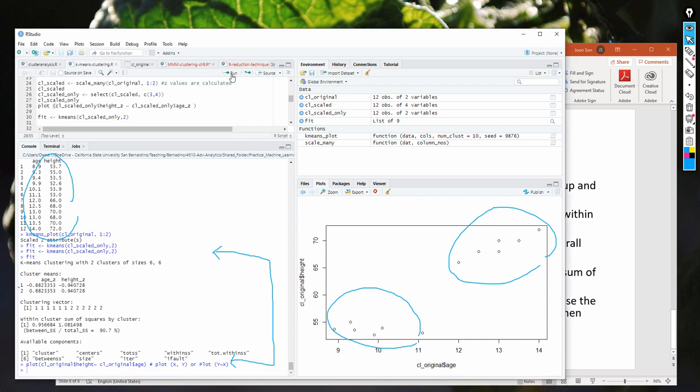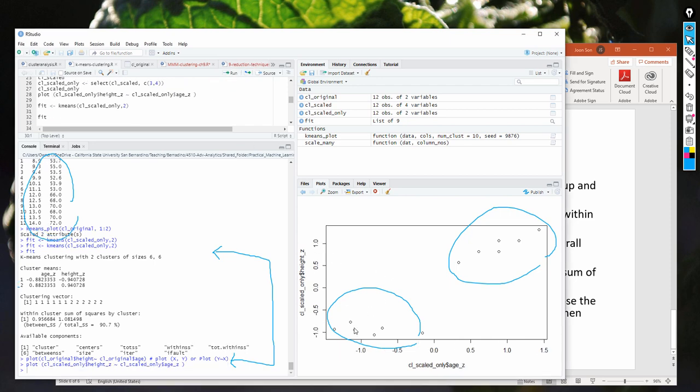Okay, so this is after the Z transformation, with Z value of height and Z value of age. In the first cluster, the average age is minus 0.88, and by the way, this is a Z value. Then there is the average height, for the first cluster and for the second cluster.